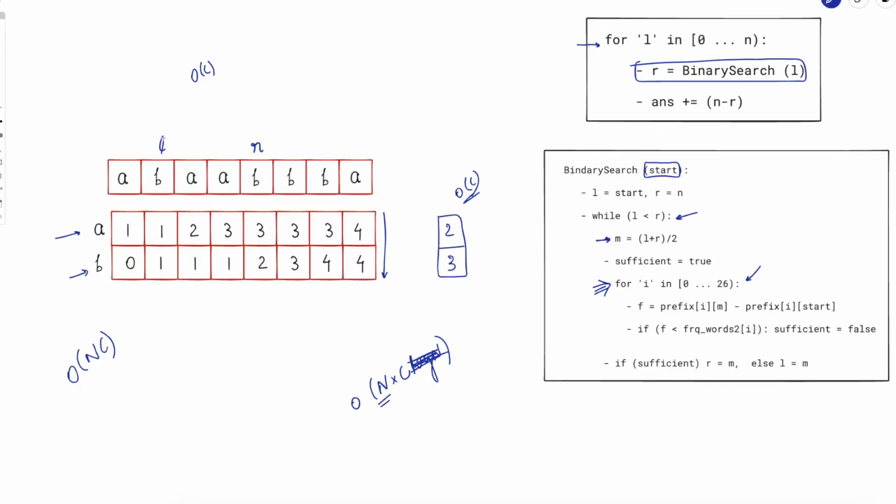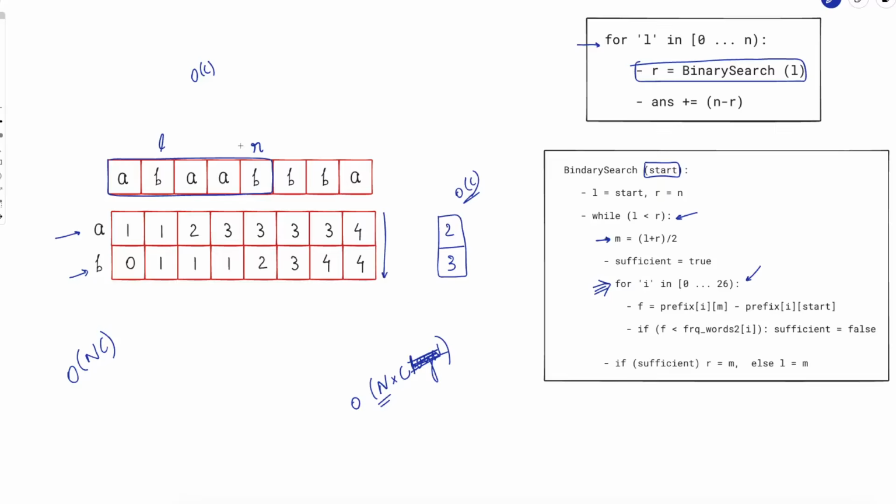Why? Because let's say for this L you got this R. What that means is if you start from here, this is the first place where every character that you need exists. Now when you increment your L, will your new R ever be less than the previous R?